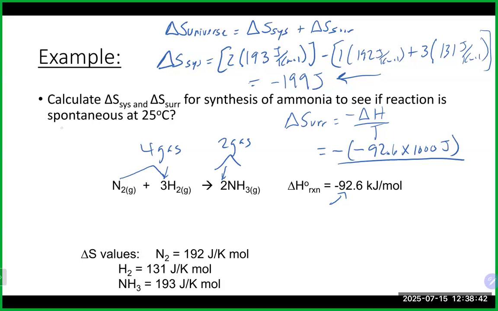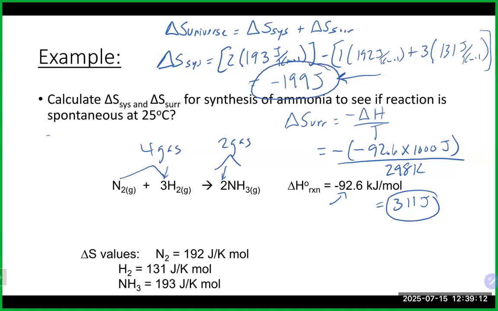Again, you've got to be careful with the units here. We do want to convert our temperature into Kelvin. So that's 298, obviously by adding 273 to 25. That's going to give us 92.6 times 1,000 divided by 298. Going to give us about 311 joules for our surroundings.